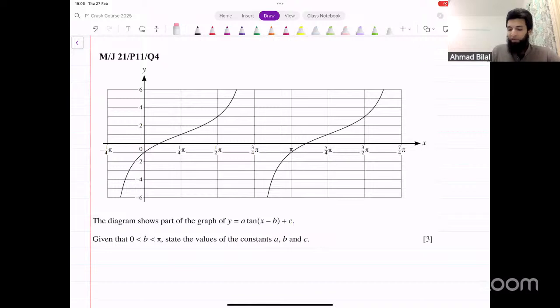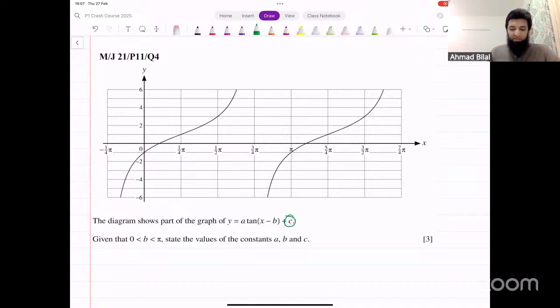Again, we need to figure out what transformations are happening to the tan function and figure out what the values of a, b, and c are using that. This is the graph of the transformed function. What does a represent? In this case, a does not represent the amplitude, right? It used to represent the amplitude in sine and cos functions, not in the tan function.